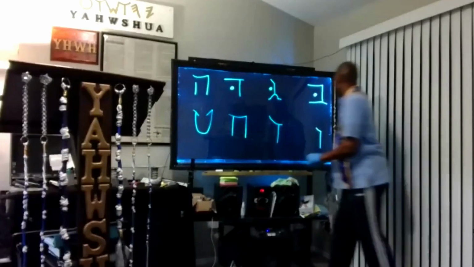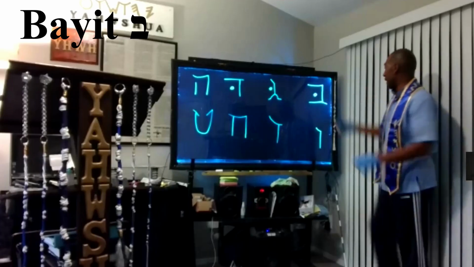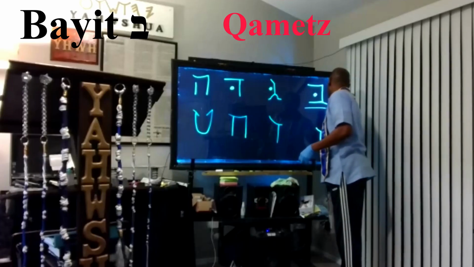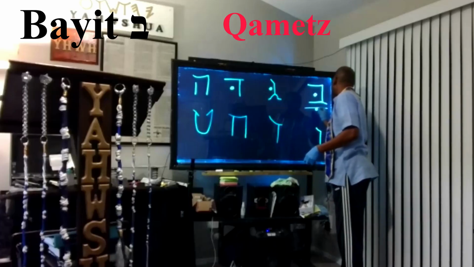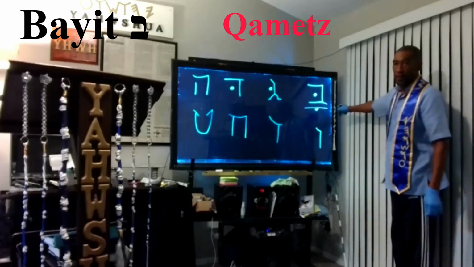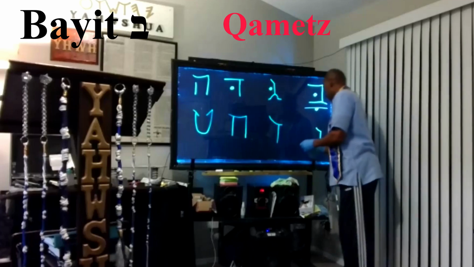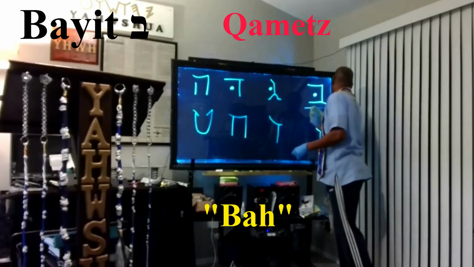All right. So I got the letter bet. Long vowels first. Kamets, ba.